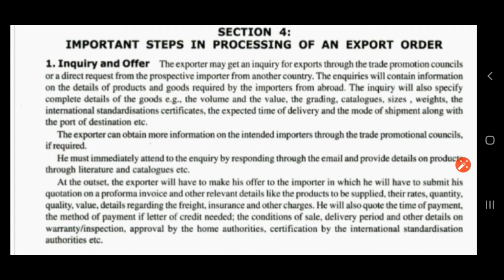There are many kinds of invoices. So whatever pro forma is required by the importer, in that pro forma the quotation might be sent by the exporter with the details of products, their rates, quantity, quality, value, and many more details as we have discussed in the export documentation class.